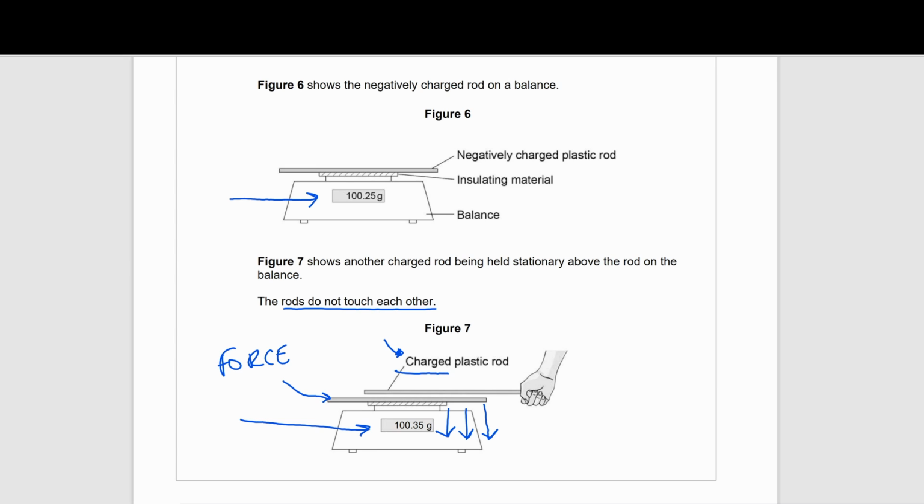Now let's think, if it was attracting it, then the rod would move towards the charged plastic rod, so the reading would go down. So it's got to be repulsion that is occurring, because the rods want to move away from each other.